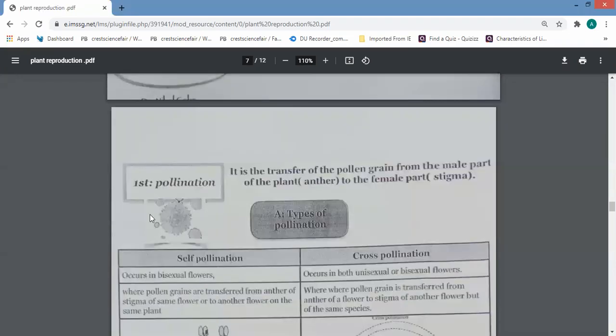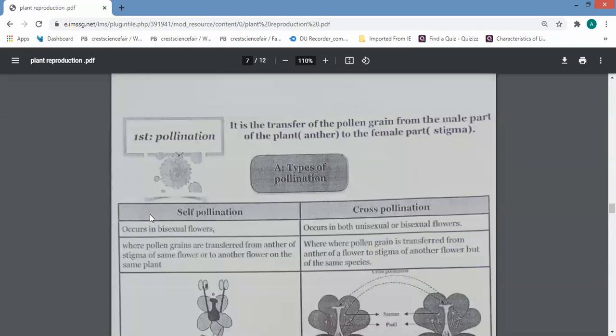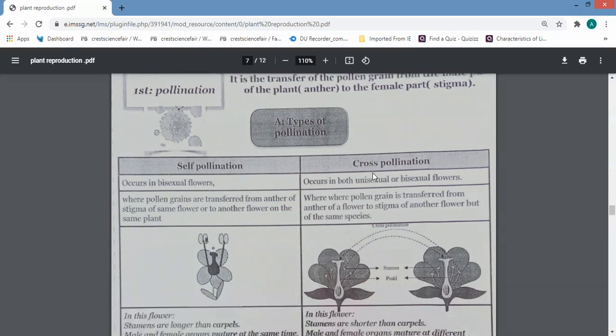And we said pollination means transfer of the pollen grains from the male part, which is the anther, to the female part, which is the stigma. We said we have two types of flower, maybe bisexual, maybe unisexual. According to the different types of flower, bisexual and unisexual, we have two different types of pollination.